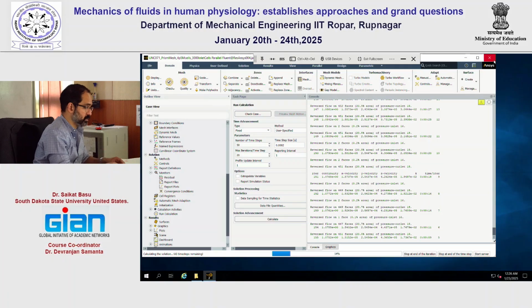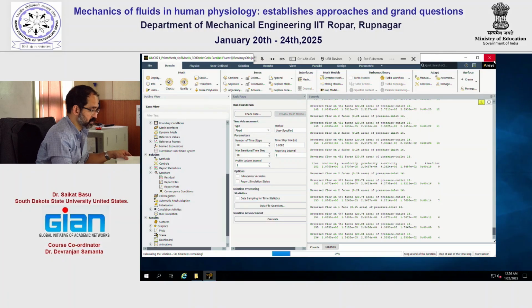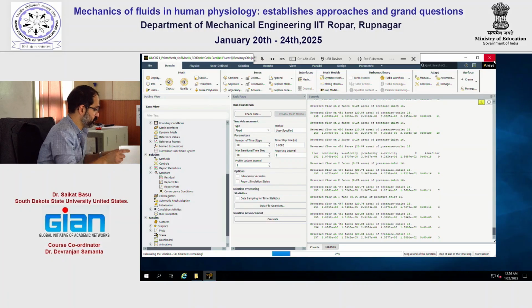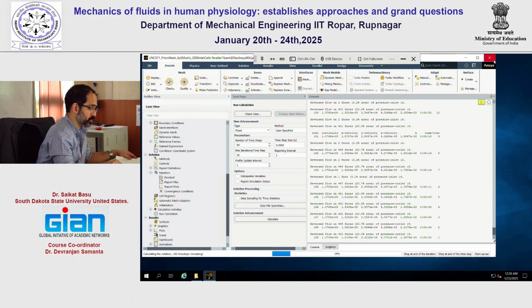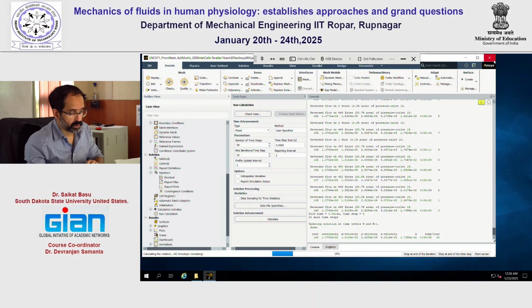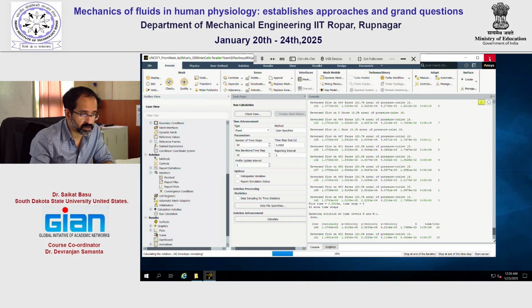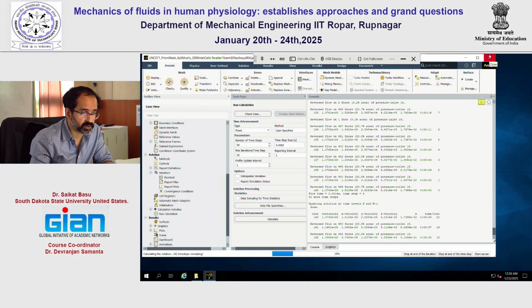Okay. So let me show you something else from the simulated file now. Okay, let me just close it. I should not take up this computing time on my machine there.